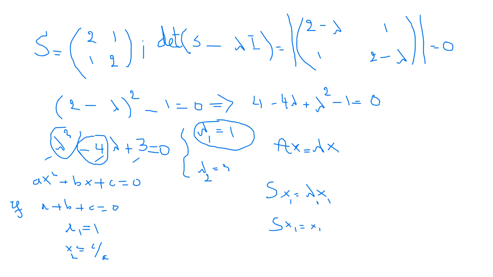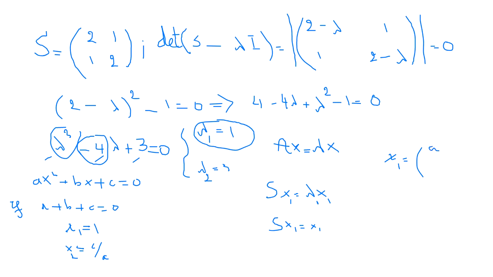How many unknowns are in x, in fact? We are working in 2 by 2, so x has 2 components. Let's say x1 equals, without loss of generality, (a, b).